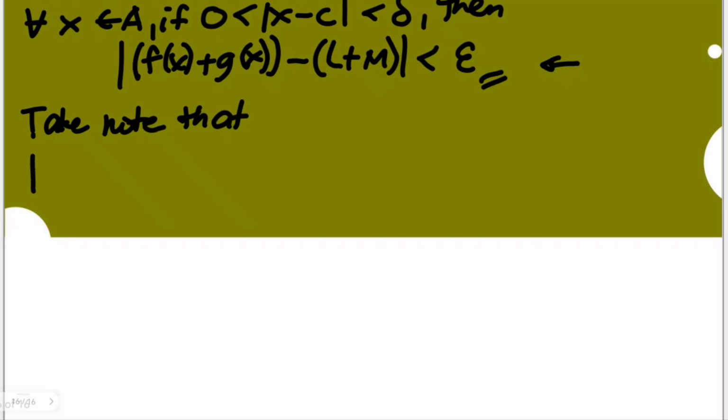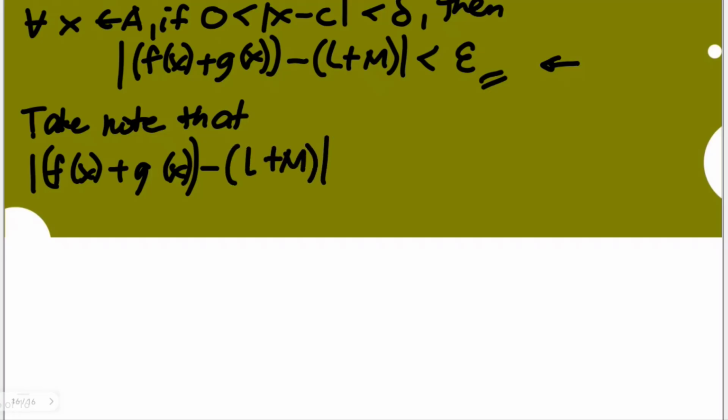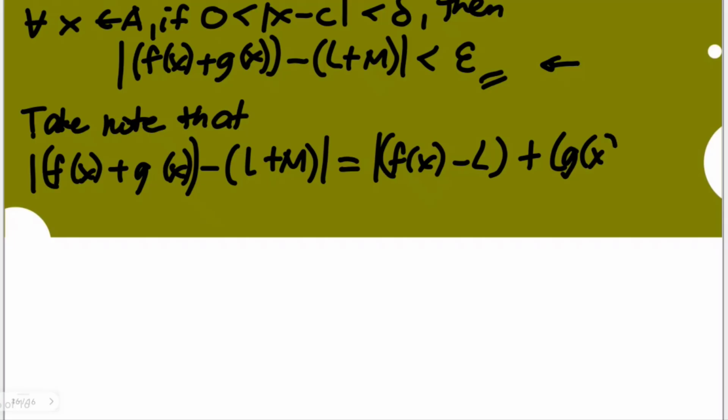So if we have f of x plus g of x less the sum of L and m, this is actually equal to, regrouping, f of x minus L plus g of x minus m.